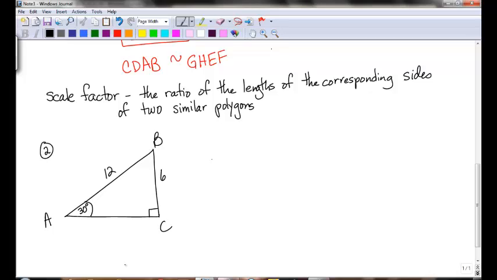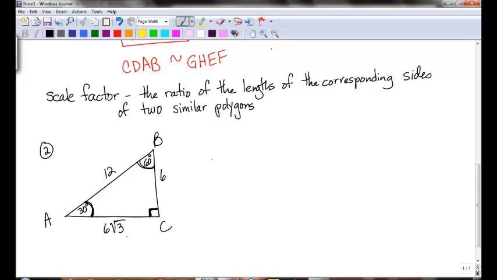What's that make angle B? 60, right? Because they have to add up to 180. Or if this is a 90-degree angle, these two are complementary. They add up to 90. Because a triangle has 180, and if we've already used up 90, then the other two have to add up to 90. Label AC is 6 radical 3.